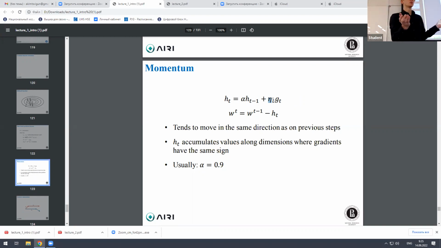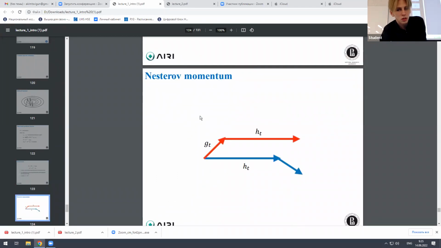But at the same time, whether we multiply by 1 minus alpha or not, this is just a linear transformation. We can just adjust our learning rate so that it embraces this very part 1 minus alpha. So now clear, yeah, can move forward. The Nesterov momentum is considered to be a more advanced method than momentum, but it requires a bit more calculations.